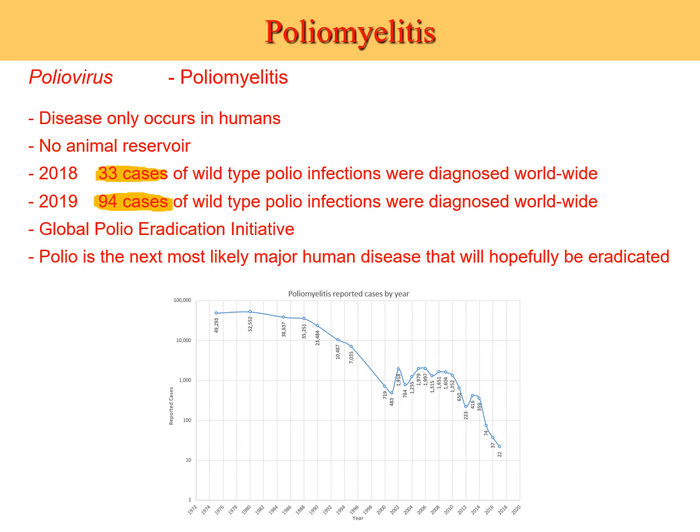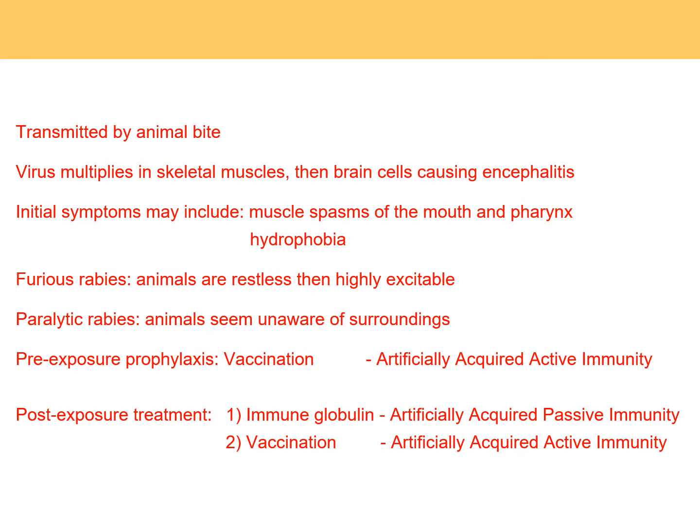But there is a global WHO Global Polio Eradication Initiative, and it is in fact the next most likely major human infectious disease that will hopefully be eradicated with some luck and effort and education.